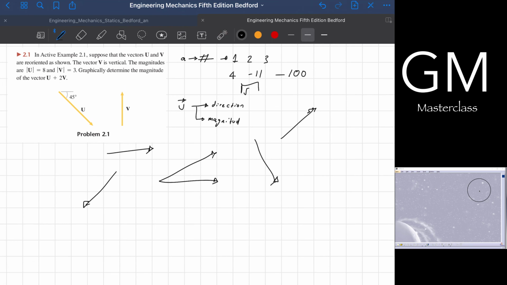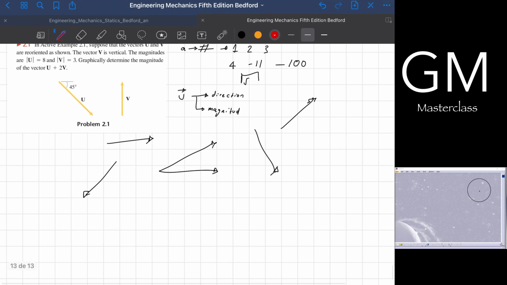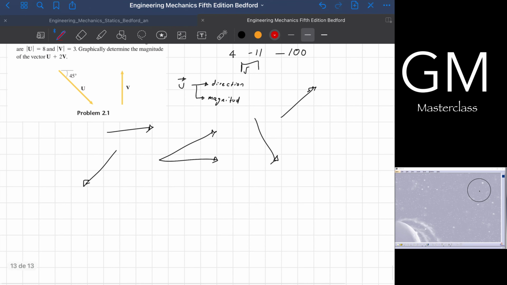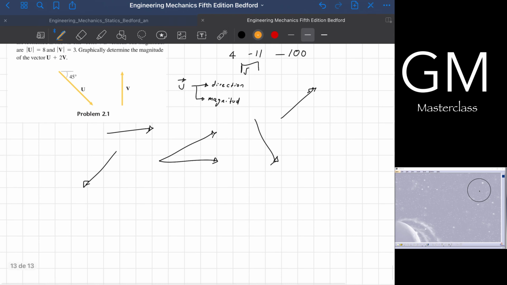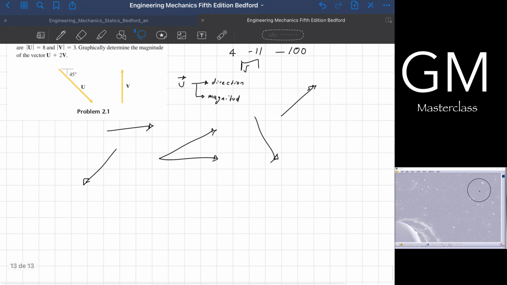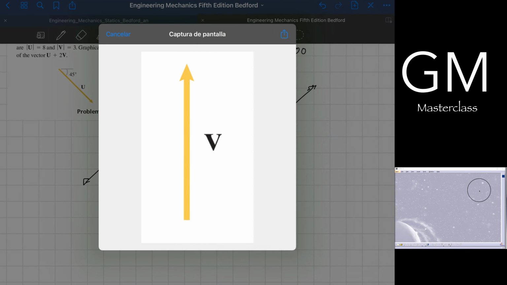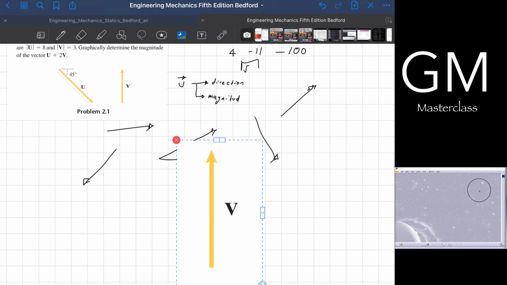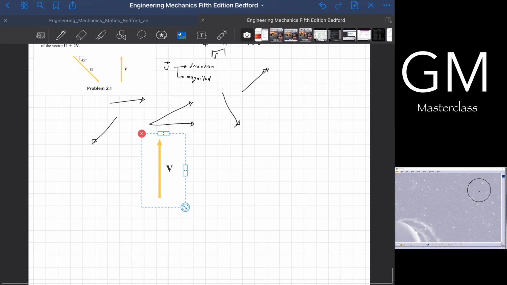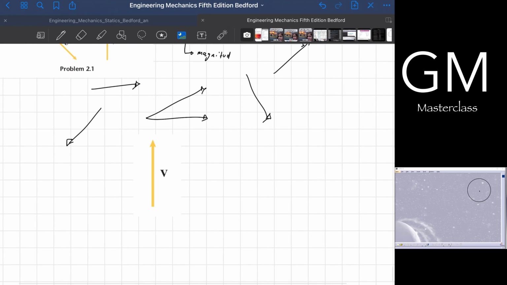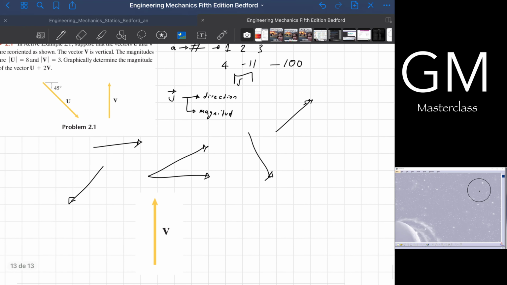they are telling me that there is going to be generated another vector coming from two vectors. Okay, so here I have the vector b. Copy, paste. Okay, this is the vector b. They are telling me that this vector is vertical.